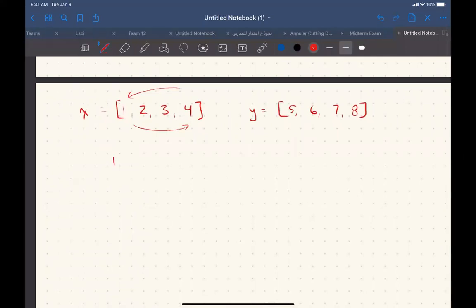So we'll have 4, 3, 2, 1, and then y is 5, 6, 7, 8.